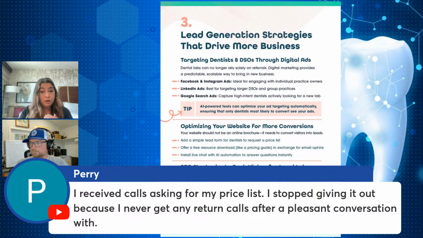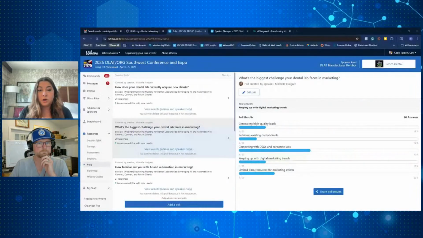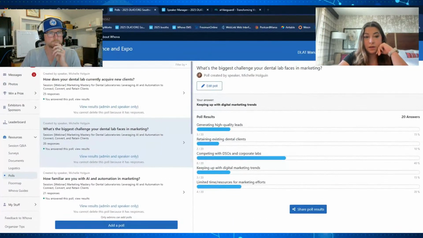Or if they called you, then you have their phone number. Hopefully it's their mobile, then you can send them an SMS component. Just in case you still need it, here's a price list, and here's a way how to send your first case with us. So again, what is the call to action that you want that prospect to take? It's always submit a case. So with automation, Perry can take the call, have a pleasant conversation, and have automation follow up with them, and hopefully that does result in them submitting a case.